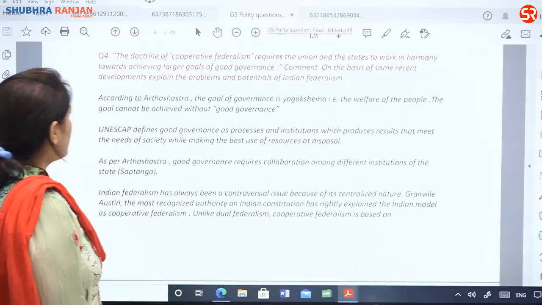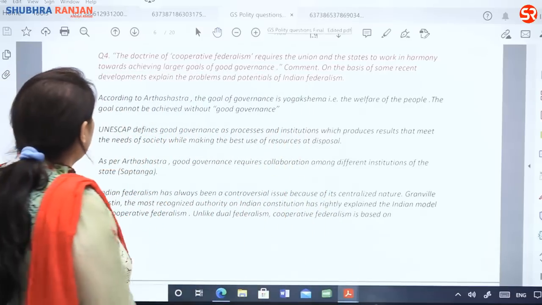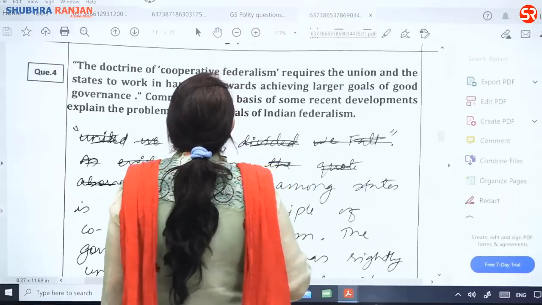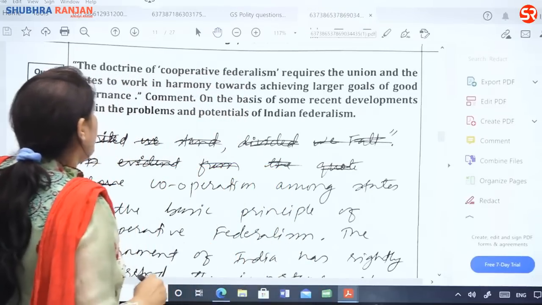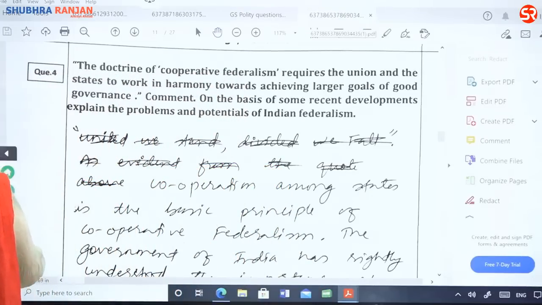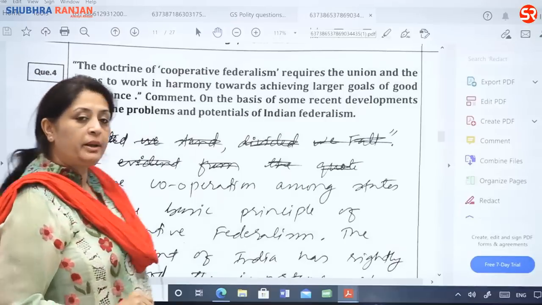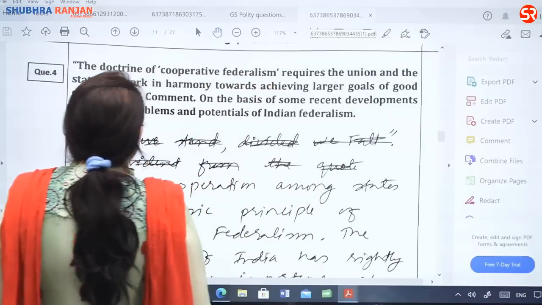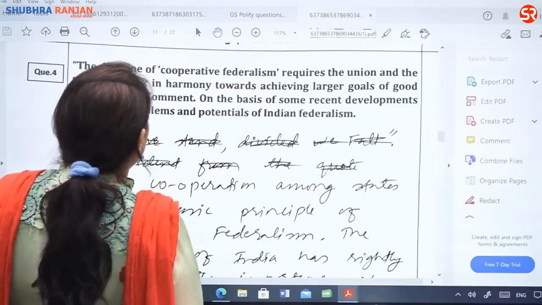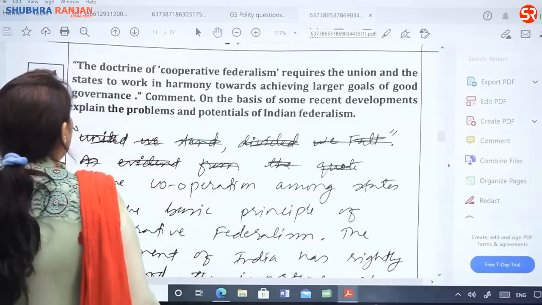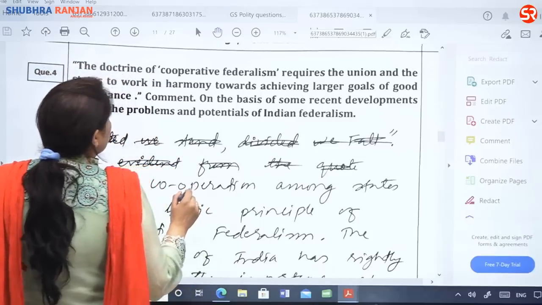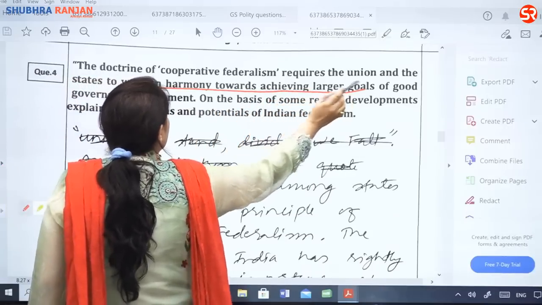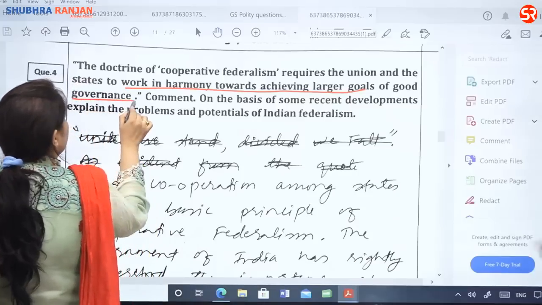So now let us do the fourth question. The question is on the doctrine of cooperative federalism. For that I have picked the answer copy of another student. The doctrine of cooperative federalism requires union and state to work in harmony towards achieving larger goals of good governance.